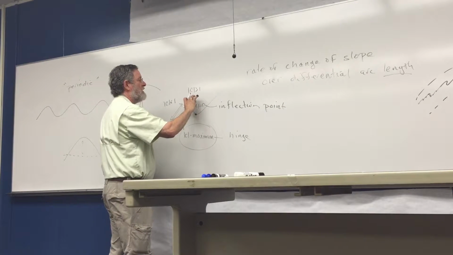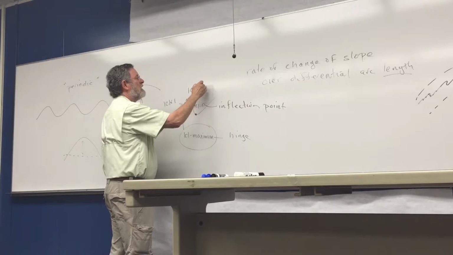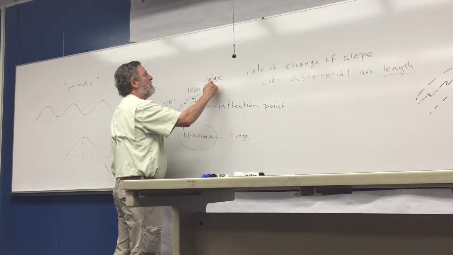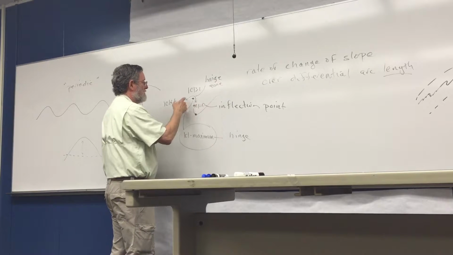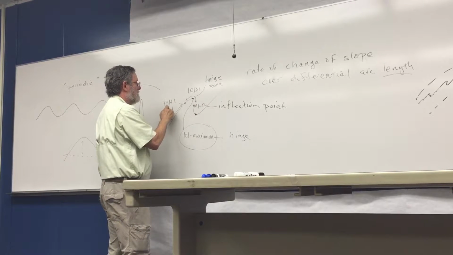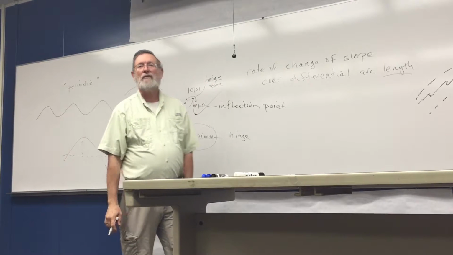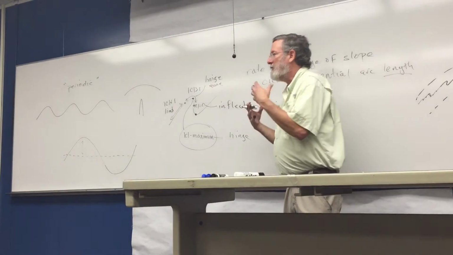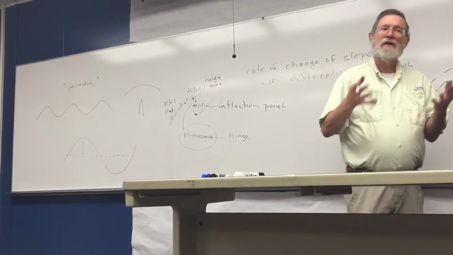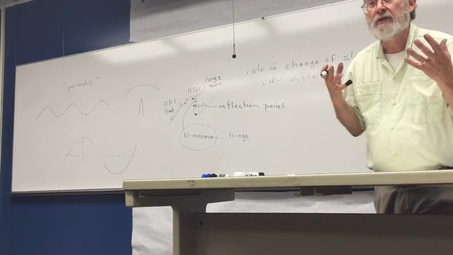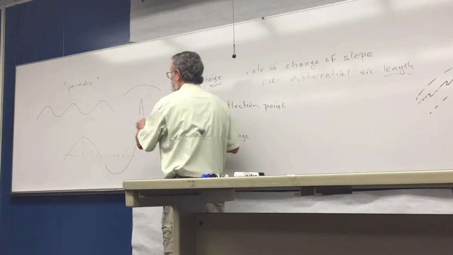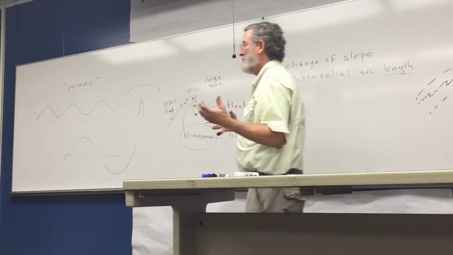These zones in here, this is what I'm going to call the hinge zone. And this part I'm going to call the limb of a fold. So we can give folds some descriptive terms just based on a definition of curvature. We can talk about our wavelength, we can talk about our amplitude.